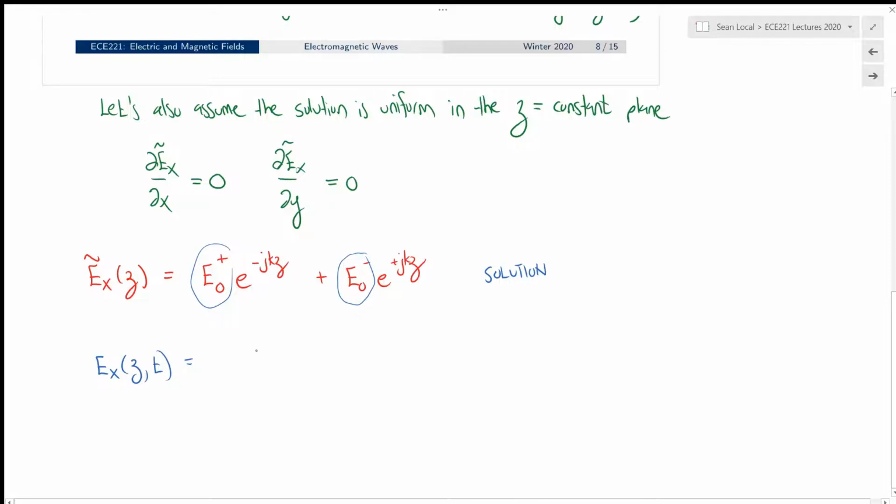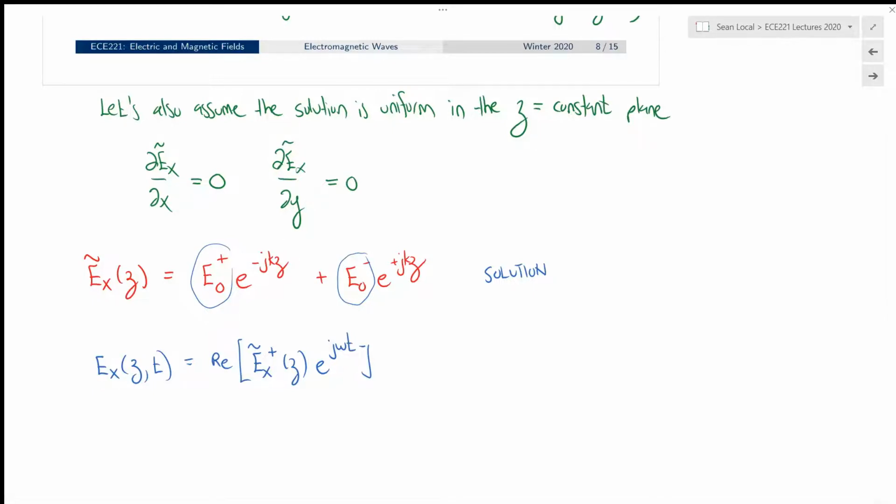For example, maybe we'll take the first term that we have in our equation above. Let's call that Ex tilde super plus. And we would take that phasor domain expression, it only depends on z, multiply by e to the j omega t, and then take the real part of the resulting product that we have here.